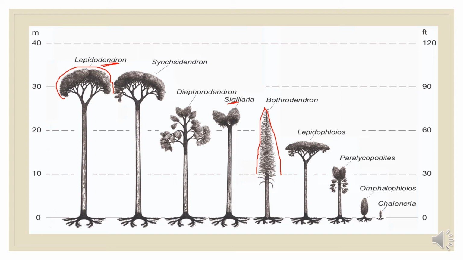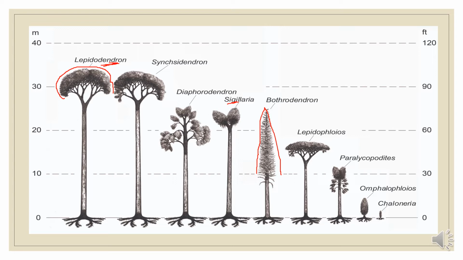The microspores were many in number compared to the megaspores. Megaspores were few, and even the fossils of the megasporangium and the microsporangium have been found of these fossils.